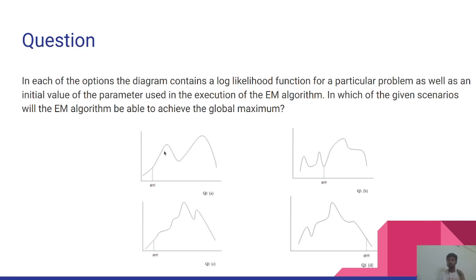So when we come to this point, on the left we have a downward slope, on the right we also have a downward slope. There is no immediate upward point from here. So at this point we'll get stuck and we'll not be able to reach here. That is why this is not a correct option.